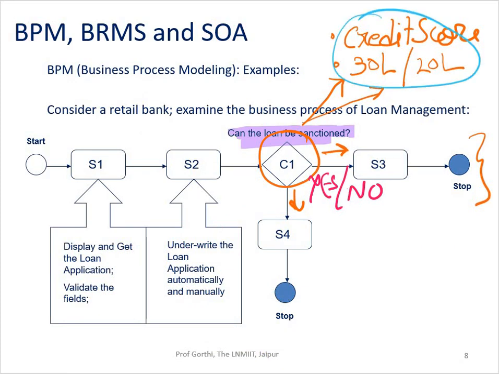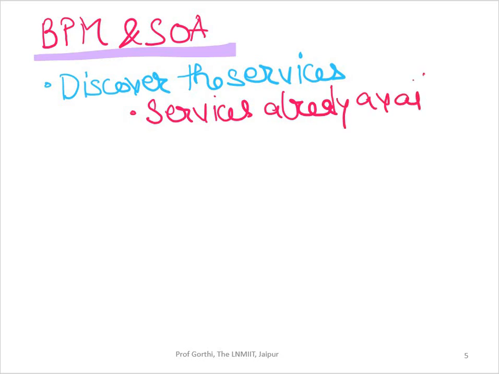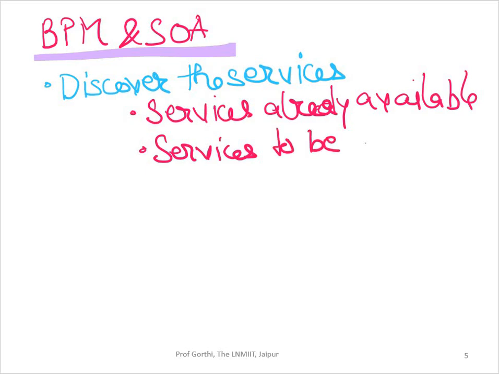So I can discover the services, looking for services already available, and services to be added. If I need to add a few new services, I'll take a call on that. Plus specifying the services as well.